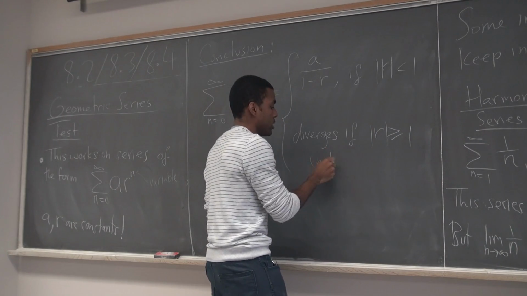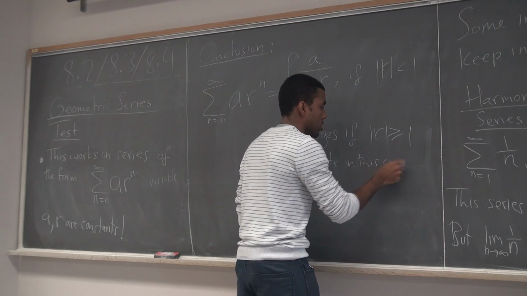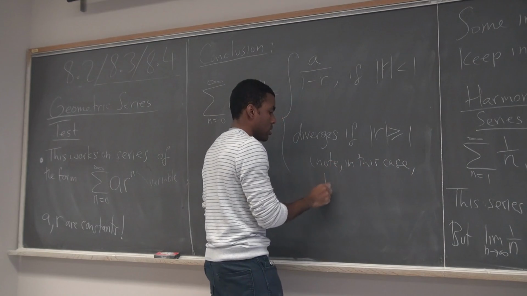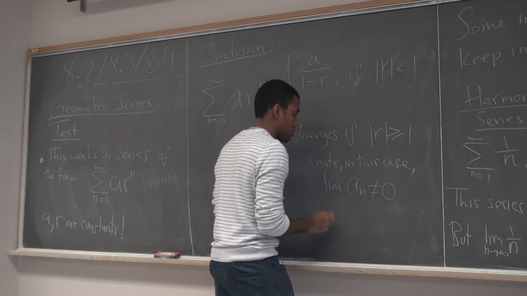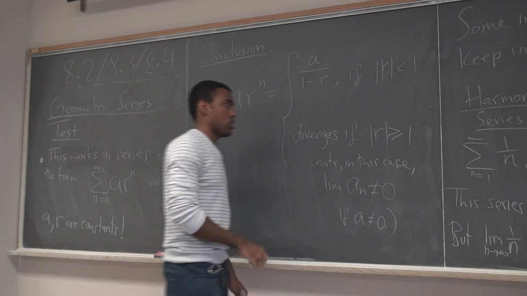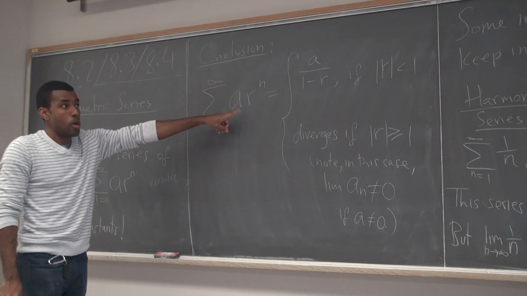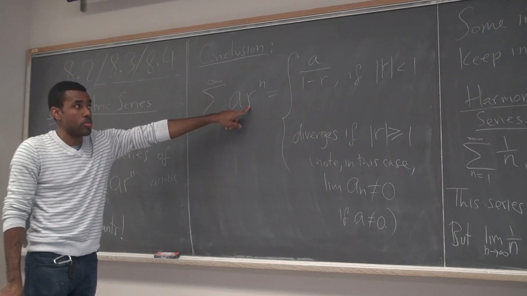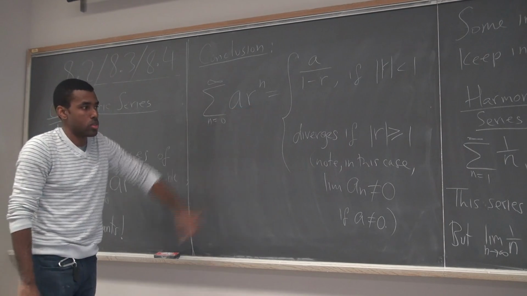Note in this case the limit of the a_n term would not be 0. Right? So even if you see this where your n is, you can see this, it's a geometric series, but you can still use a divergence test on some of these. If your R is bigger than or equal to 1, the limit won't be 0.